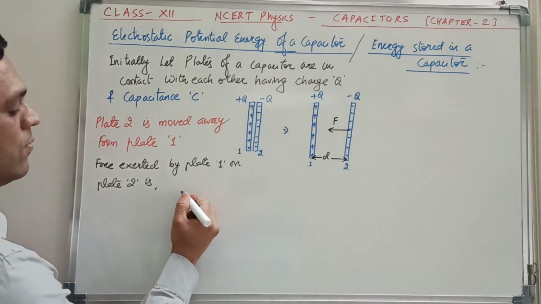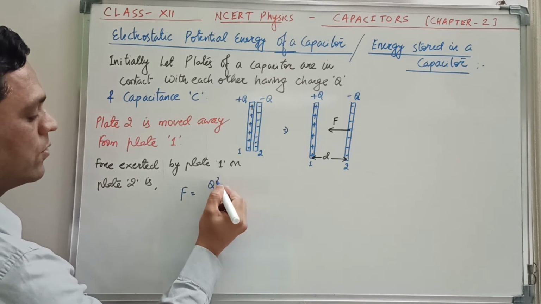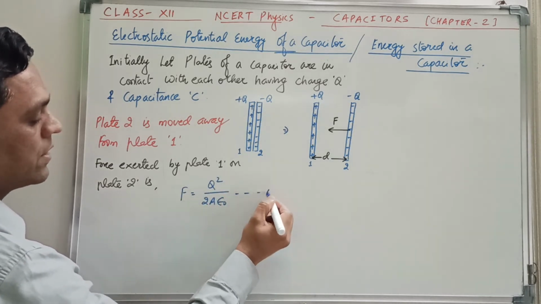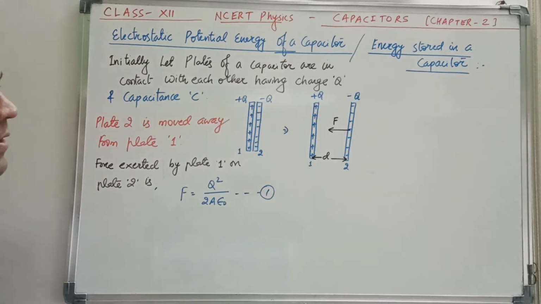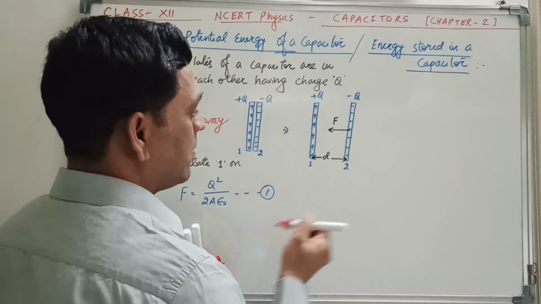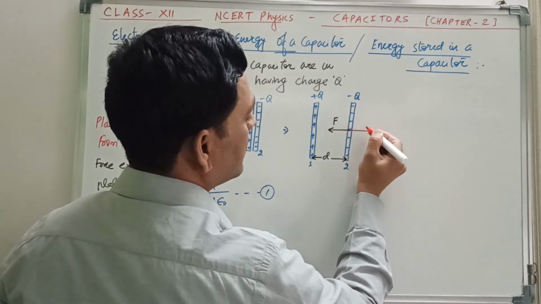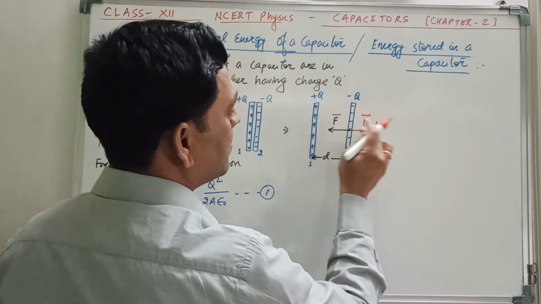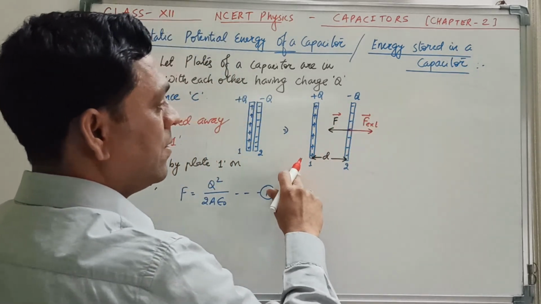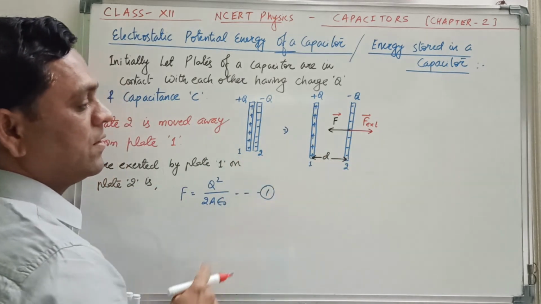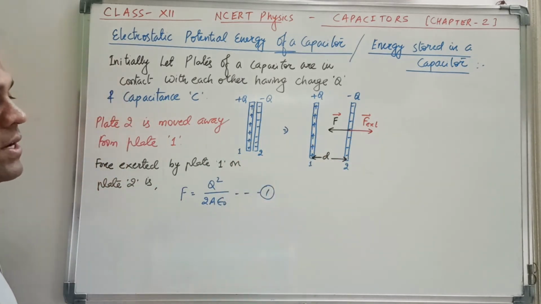This formula for the force is F is equal to Q square upon 2A epsilon 0. This I write number 1 here. So the external force has to apply a force equal and opposite to this. Okay, we have to apply an equal and opposite force to this to overcome this force. Only then we can make the plate move from this place to that another place having separation d between them.